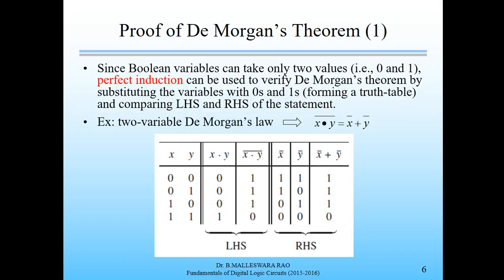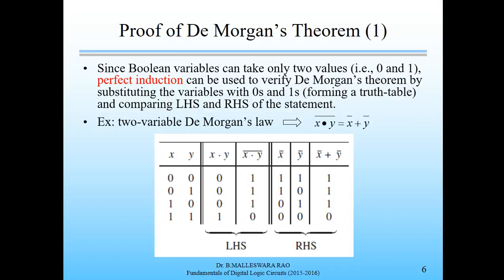So for example, a two variable DeMorgan's law stated as complement of x and y is equivalent to complement of x or complement of y. We need to form a truth table with columns corresponding to the left hand side of the DeMorgan's law and the right hand side of the DeMorgan's law for all possible values.